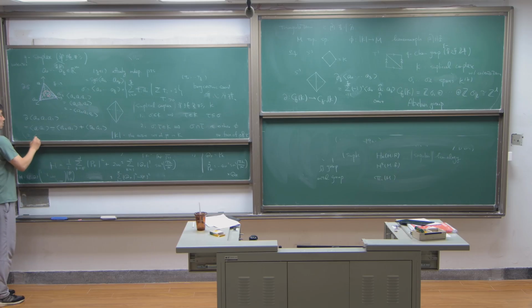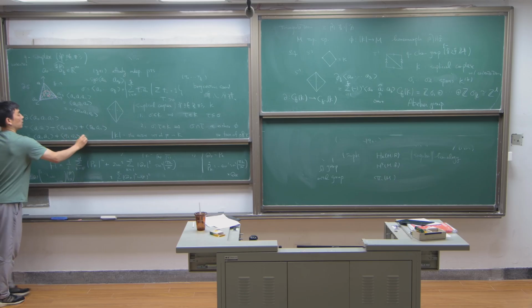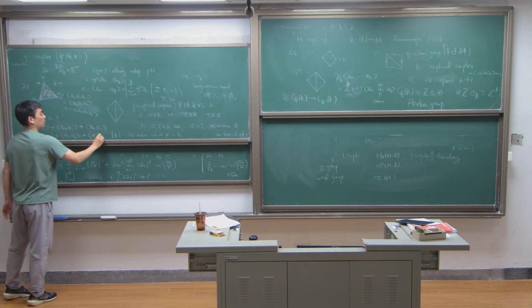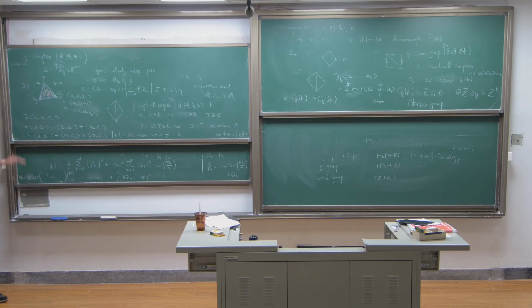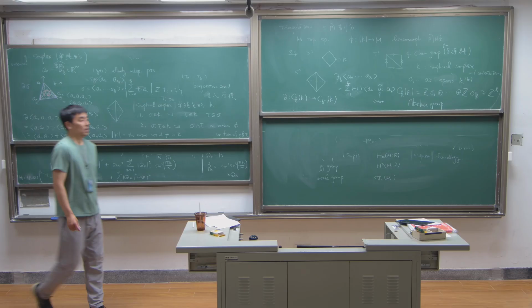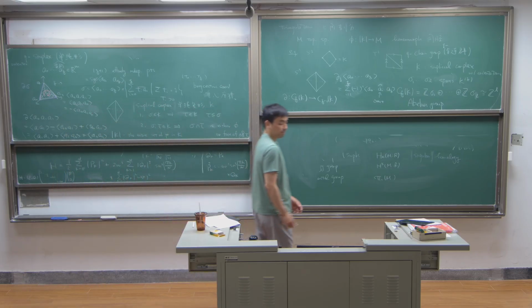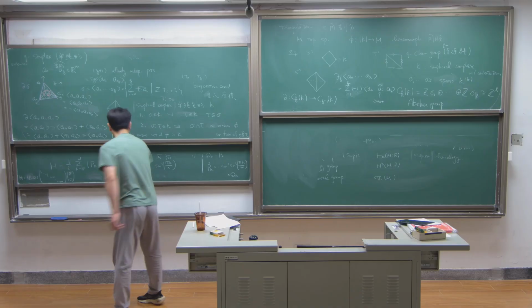And this is equal to (A1, A2) plus (A2, A0) and then (A0, A1). So if you do that, everything cyclic becomes a plus sign. Here you just consider orientation.